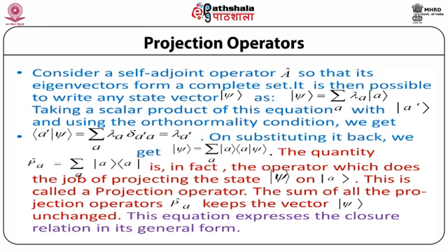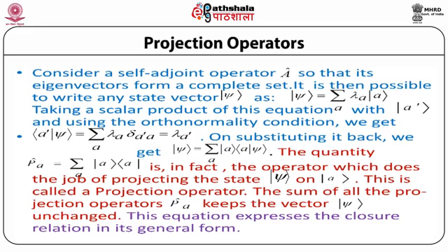On substituting it back, we get |ψ⟩ = Σ_A |A⟩⟨A|ψ⟩. So from this equation we can define a quantity which is called the projection operator P_A, such that the projection operator P_A is equal to Σ_A |A⟩⟨A|.